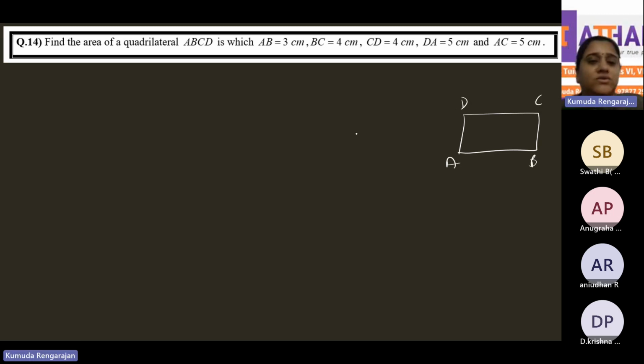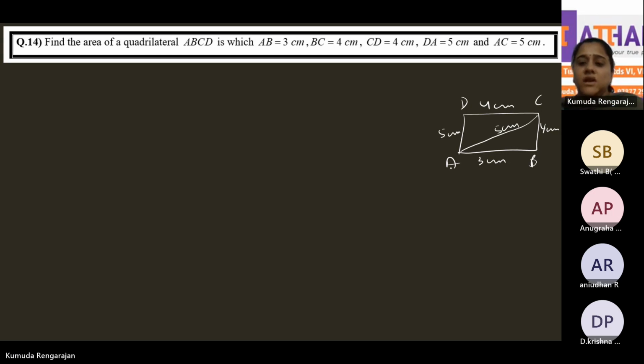I'll just mark the values. AB is 3 centimeters. Let me mark it here. BC is 4 centimeters. CD is 4 centimeters. AD is 5 centimeters. And AC is 5 centimeters. Now, if you want, you can just estimate the figure. Now AB smaller, BC, CD.